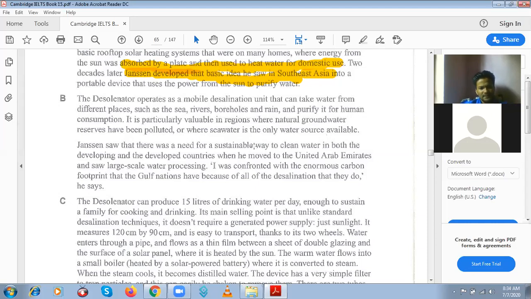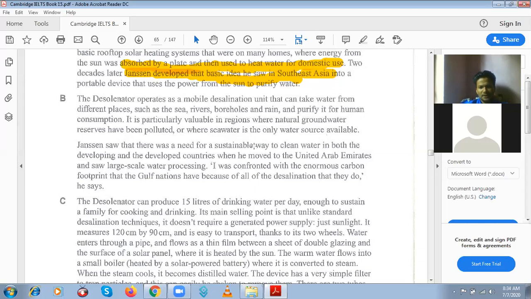And Jensen saw that there was a need for a sustainable way to clean water in both developing and developed countries when he moved to the United Arab Emirates and saw large-scale water processing.